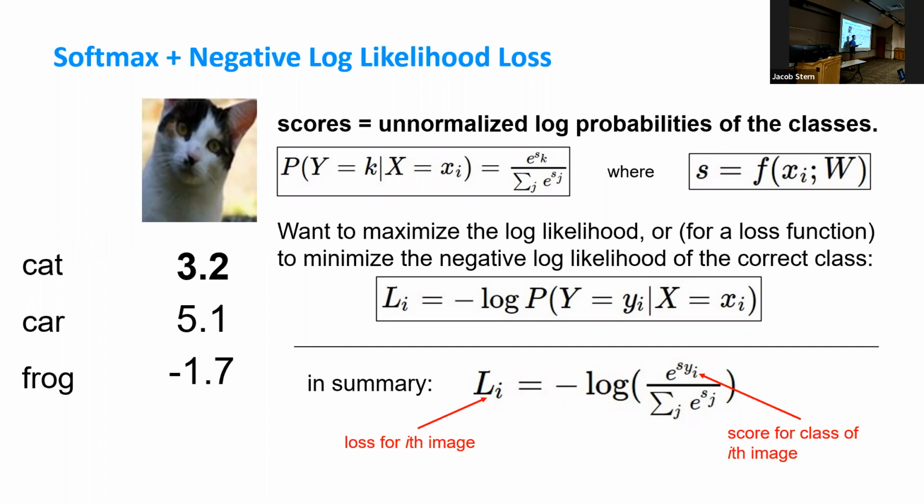Does that make sense? Why we would choose this objective, and why learning this objective would help our neural network predict the correct output, the correct label?